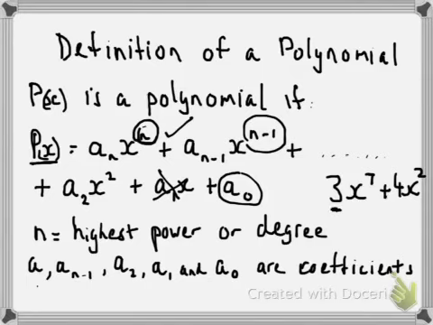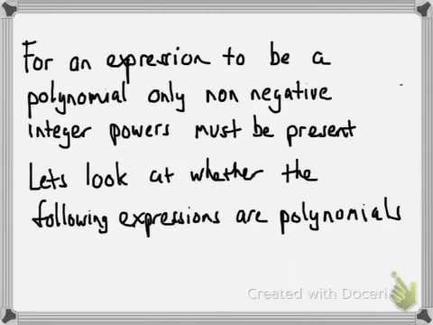Coefficients there are 3 and 4. You've probably met the terms powers, degree and coefficients before, so they'll probably be fairly familiar to you. For an expression to be a polynomial, only non-negative integer powers must be present. Non-negative means they must be positive, or they can also be 0.